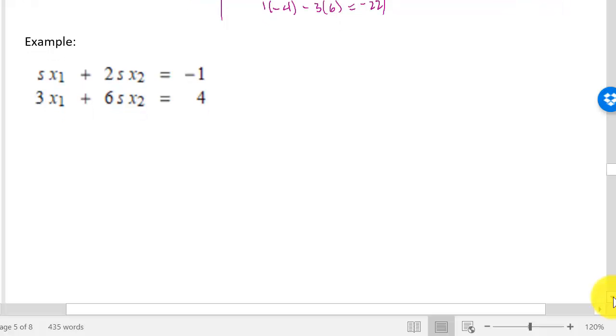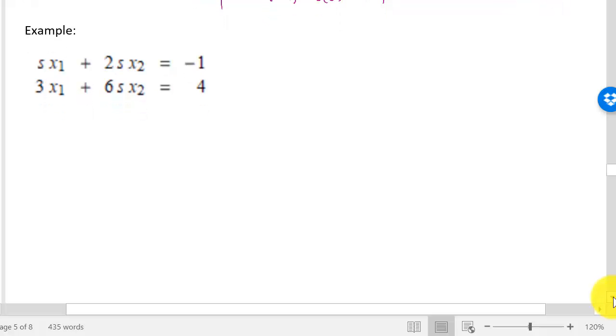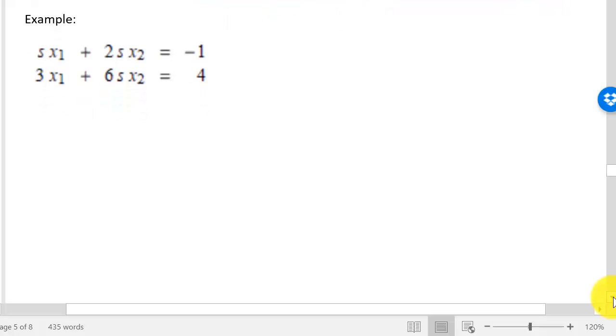Let's continue to use Cramer's rule with another example here. This time they're throwing in some unknown variables, some unknown quantities. And this would be an example of Cramer's rule in 2x2. So let's take a look at our A matrix.